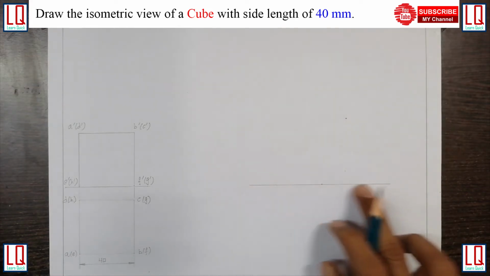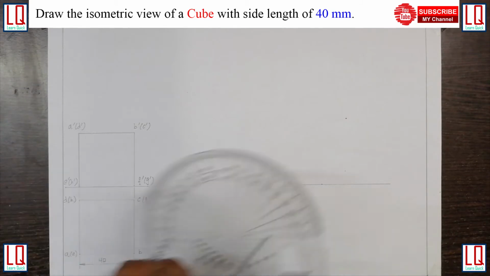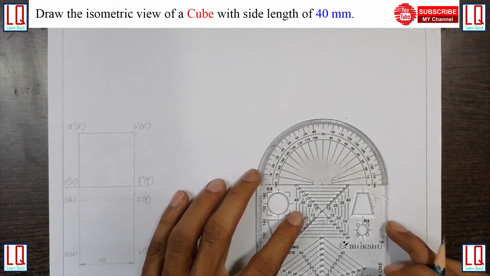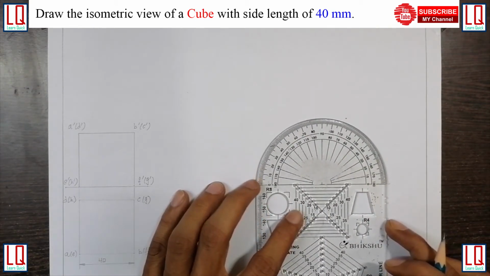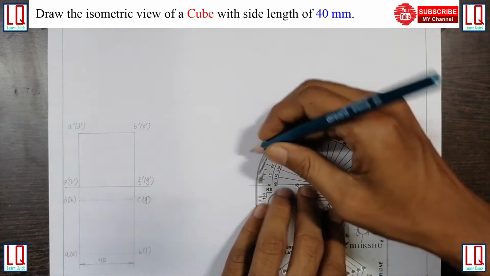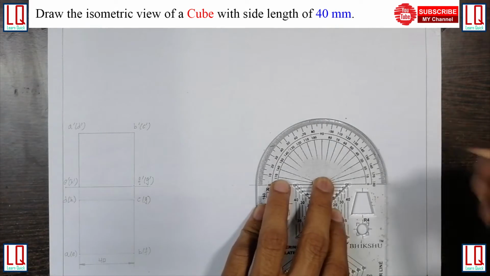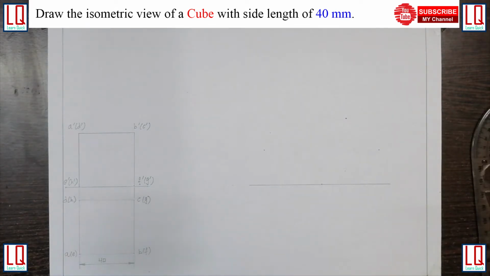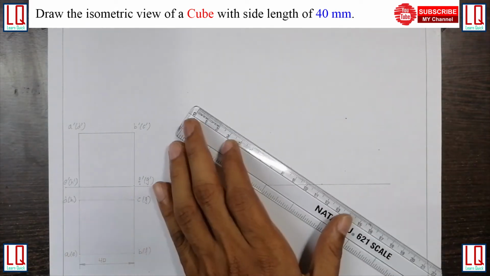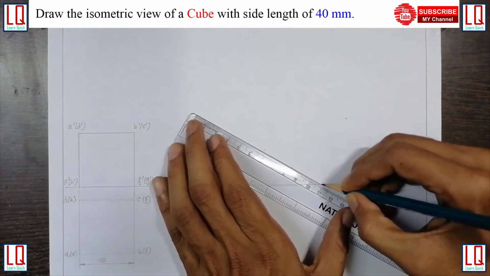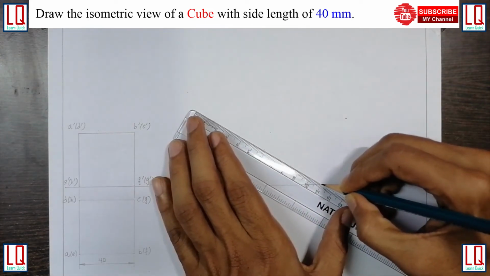So first, draw a horizontal line and mark a point where you have to measure 30° on both sides and draw a line for 40 mm. So we are drawing the base of the cube.